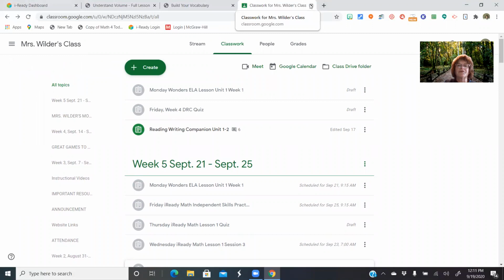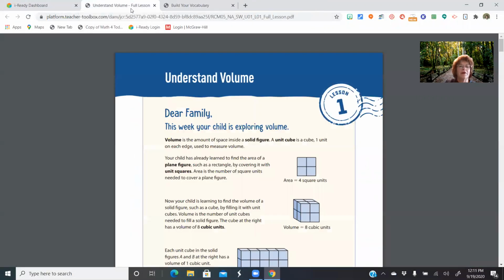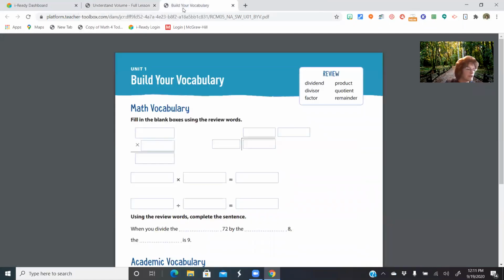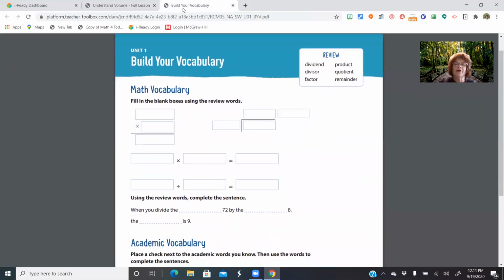Okay, so that's all we're going to do in there. Once you get into your iReady classroom, and once you get to where we're going to start, I want you to go to page 2. So go ahead and open page 2 with me now, and let's get started.